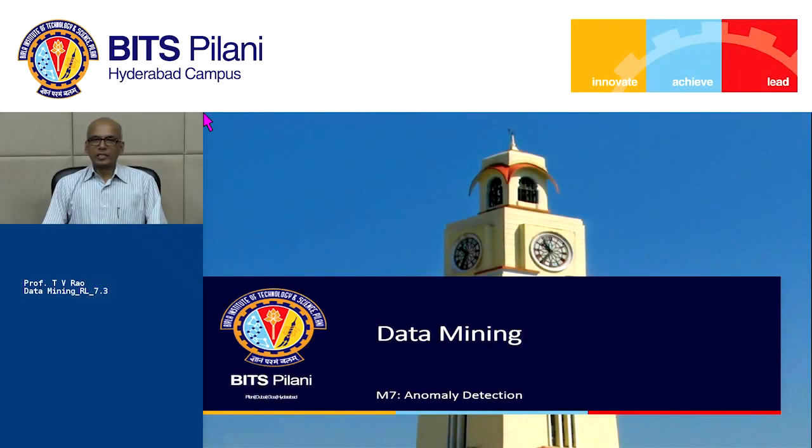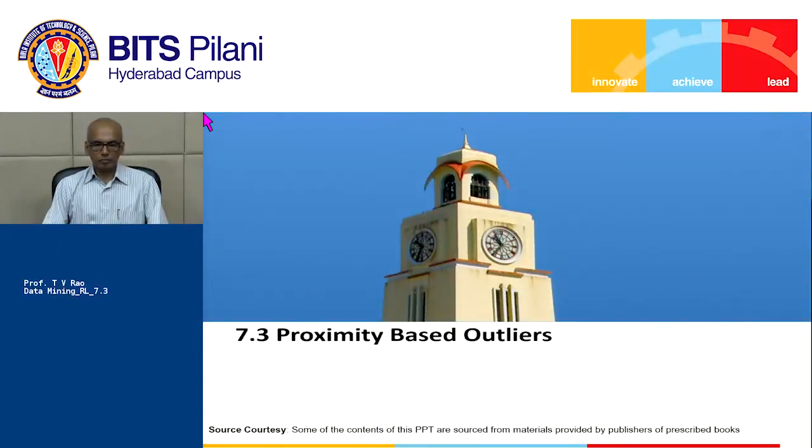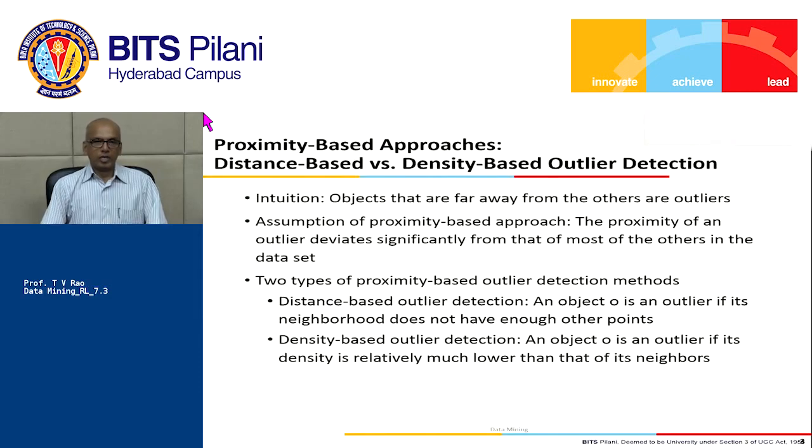Now let's look at the proximity-based techniques for outlier detection. There are two broad categories of proximity-based techniques. One is distance-based, so an object is considered an outlier if within a near distance there is no other point.